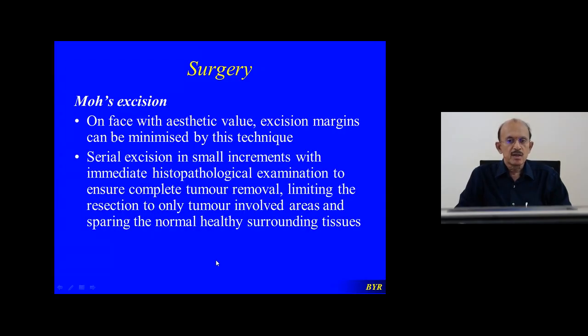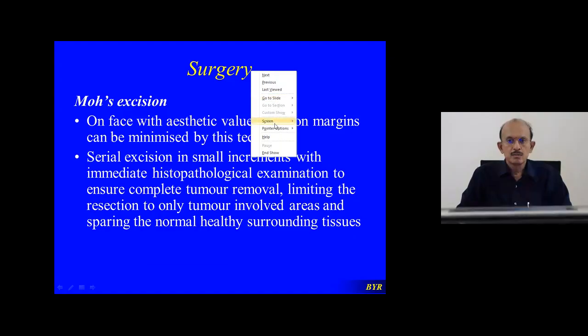How do you do this? Serial excision in small increments with immediate histopathological examination to ensure complete tumor removal, limiting the resection to only tumor-involved areas and sparing the normal healthy surrounding tissues. For example, this is the face. There is a lesion of this much size.